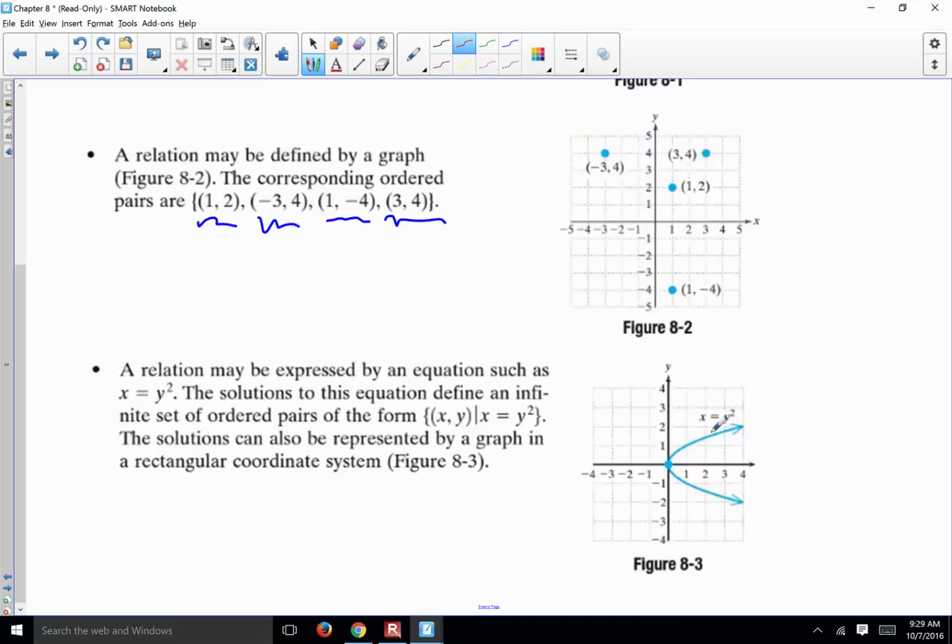But sometimes there are so many dots you can't count, because every time you mark a point here, it has an x and y coordinate. They need to be represented by equations. Again, they produce graphs. This is the graph of the relation, but it's a solid curve now. It's connected.